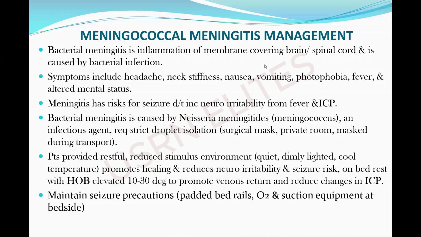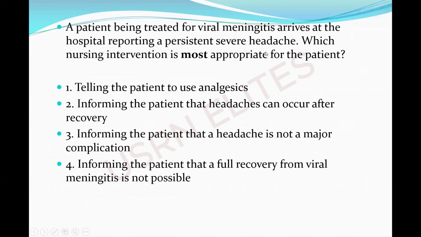All right. Let's look at this one. Someone should read this for us. Our first question here. Let's go through them quickly. A patient being treated for viral meningitis arrives at the hospital reporting a persistent severe headache. Which nursing intervention is most appropriate for the patient? 1.